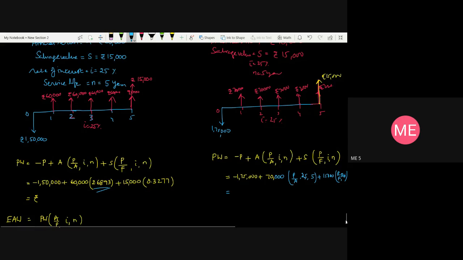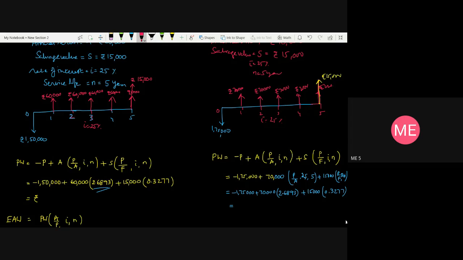Then I'll be getting the values of minus 1,75,000 plus 70,000 into 2.6893, then plus 15,000 into 0.3277.